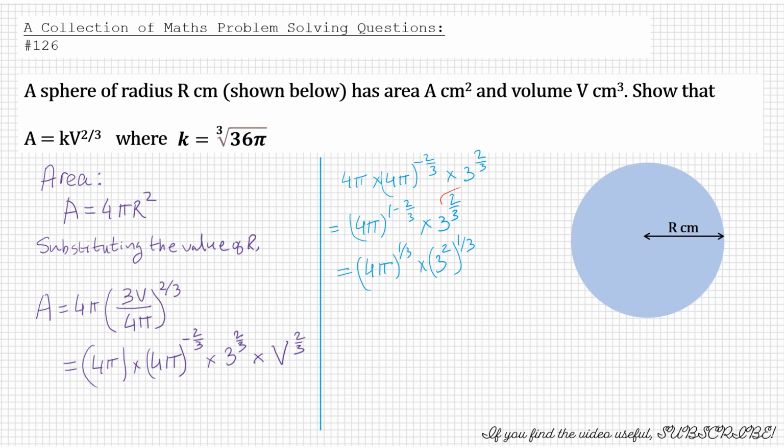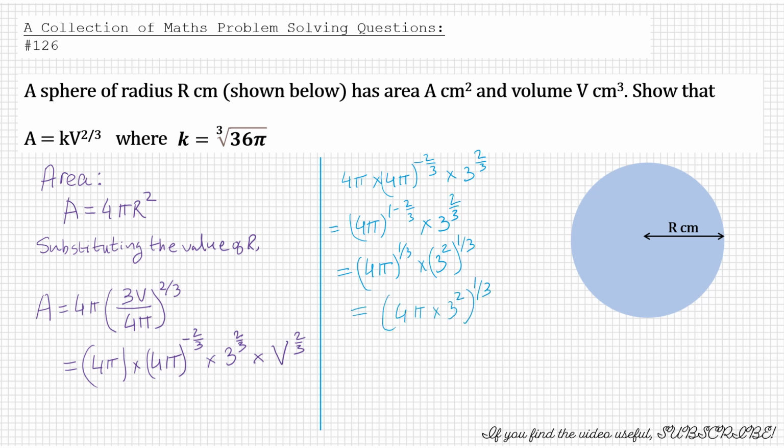We can separate this, so keep 3 squared, and then put the brackets and raise that to the power of 1 out of 3. You see both these terms have the same power.